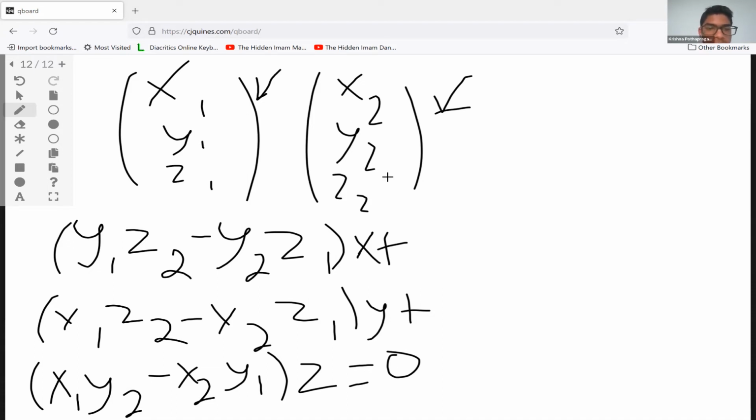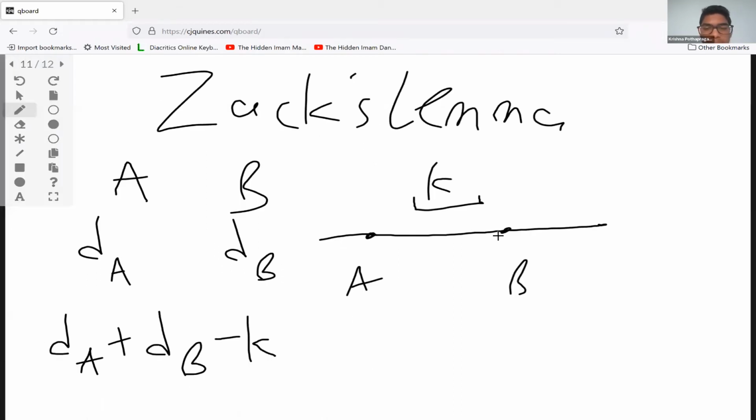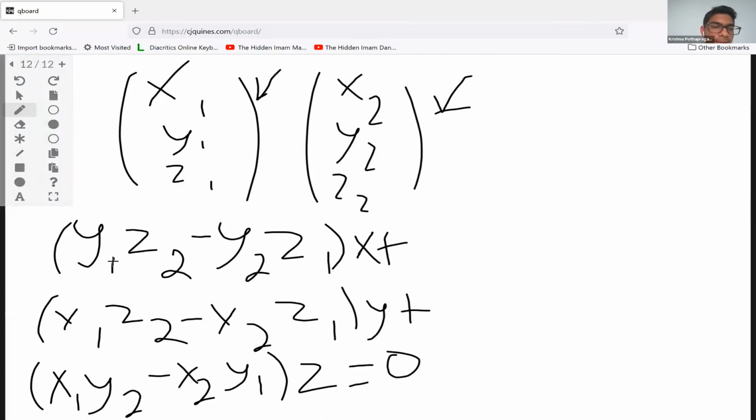And so if these 2 points coincide, then we can look at the coordinates of this line.